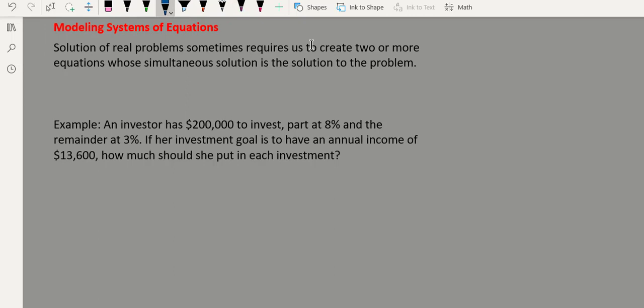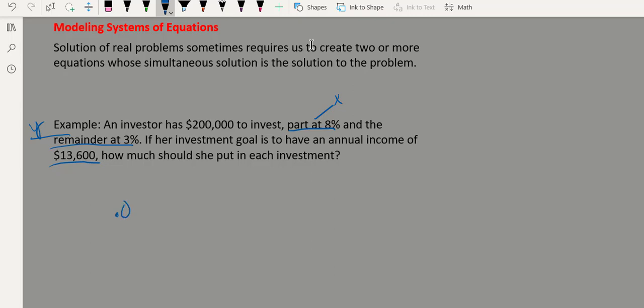The very first one, I'm going to do part at 8% and another part at 3%, but I'm going to have the annual interest goal of 13,600.